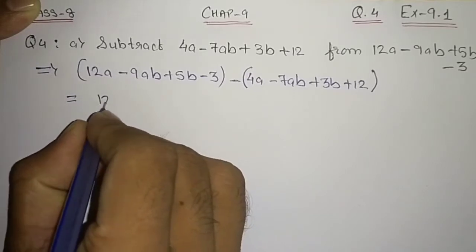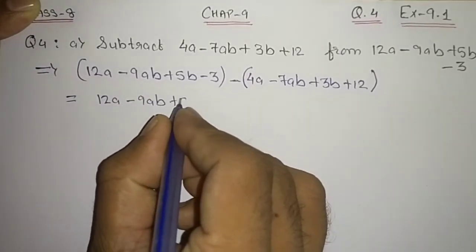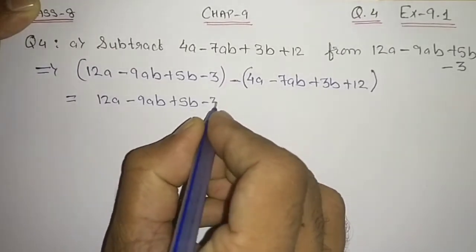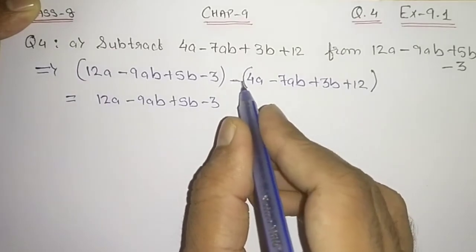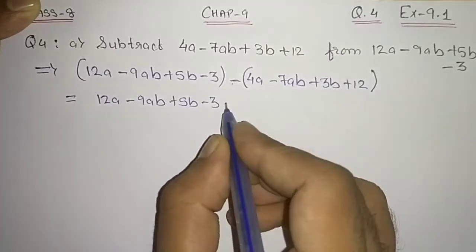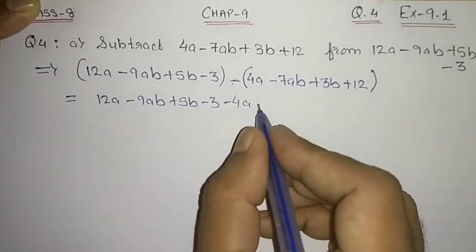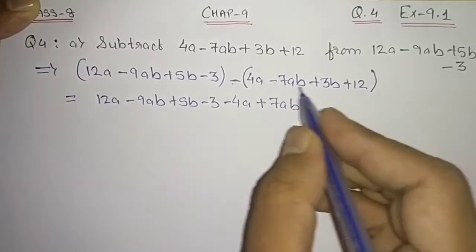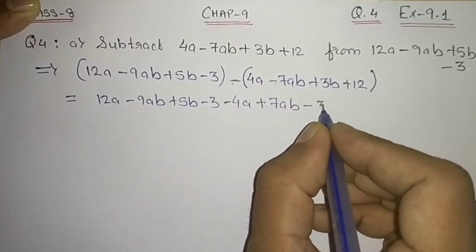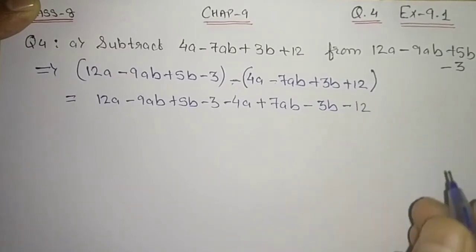Now opening the bracket, 12a minus 9ab plus 5b minus 3, this is plus and this is minus, so multiplying, minus into plus will become minus 4a, minus into minus will become plus 7ab, minus into plus minus 3b, minus into plus will be minus 12.